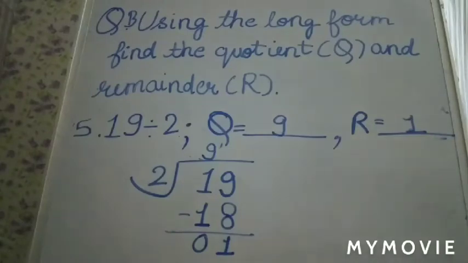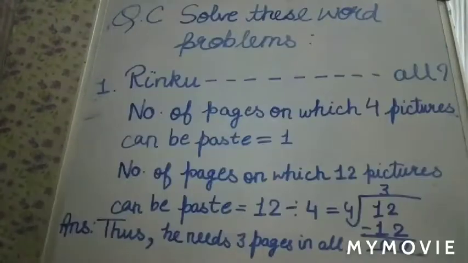You will not take 2 tens are 20 because 20 is greater than 19. So we will take 2 nines are 18. Now subtract 18 from 19. So you will get remainder 1 and quotient 9. So you can see on the board that the quotient is 9 and the remainder is 1.